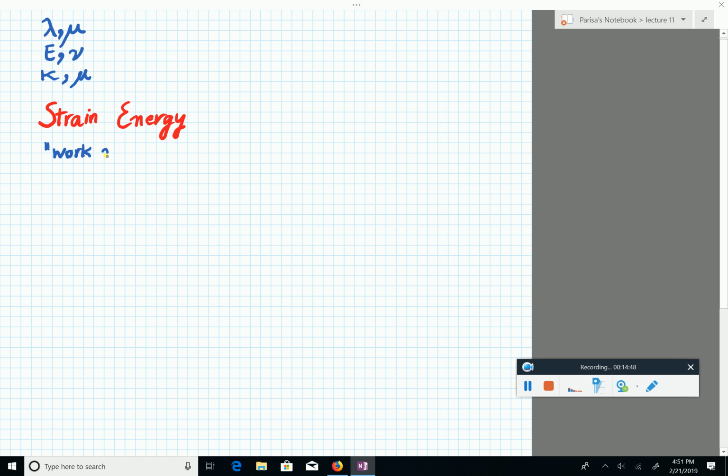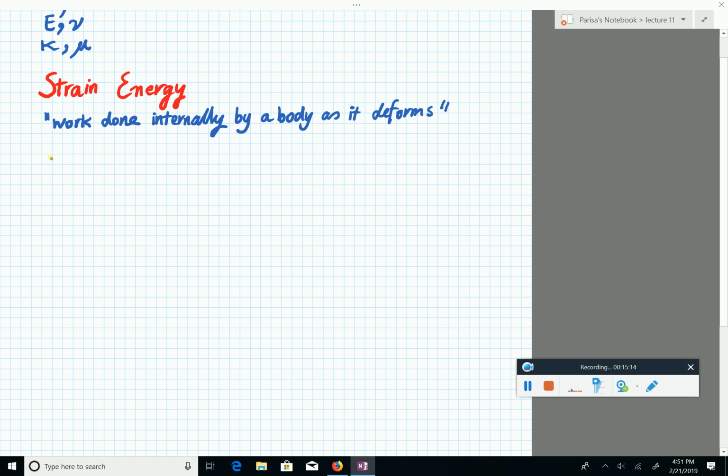So work done internally. I think what's important here is that this is for internal forces, not by external forces, by a body as it deforms. And we used the symbol U last time. I used the same.